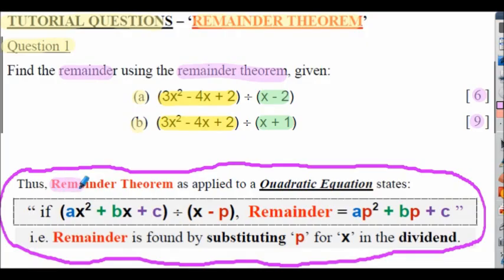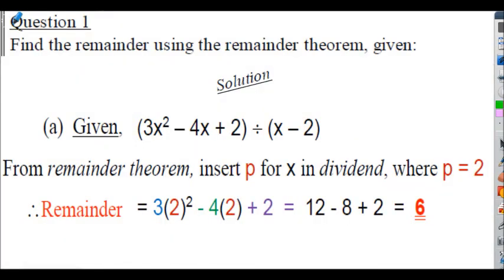For ease of reference, here's remainder theorem applied to a quadratic. I would encourage you to stop the presentation and attempt question 1, but I'll briefly show you the full solution on the following slides. So here's question 1, solution. For part A, we're given 3x squared minus 4x plus 2, that's our dividend.